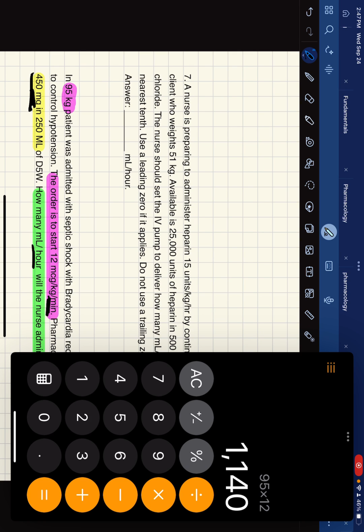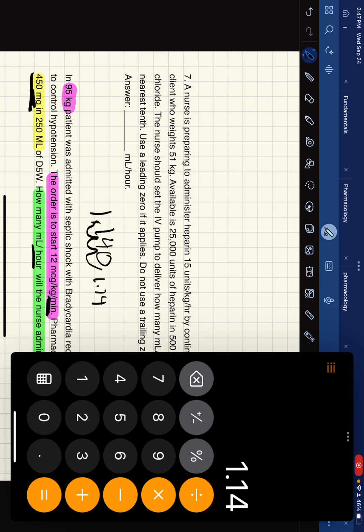Okay, and then we know that we can't do that because it's asking for micrograms and the medication's in milligrams. So I would automatically go ahead and convert that into milligrams, so it's 1140. I just do it in my head, so it's 1.14.